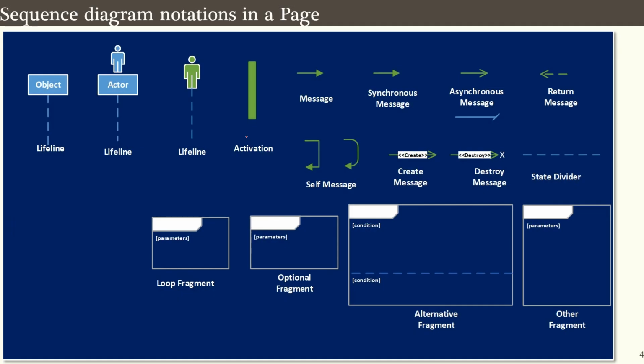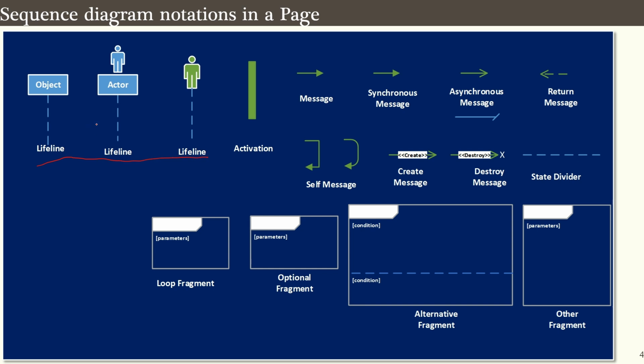Well, if you see here, these are the different notations used in the sequence diagram. The key important thing is you have three different ways by which you can define a lifeline.